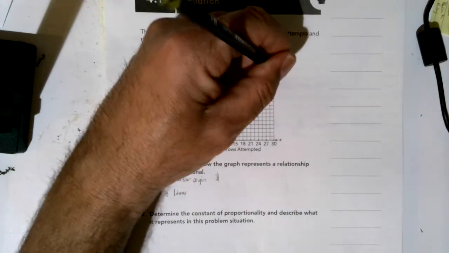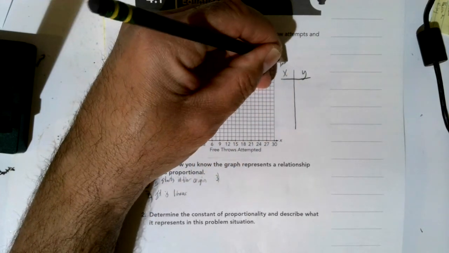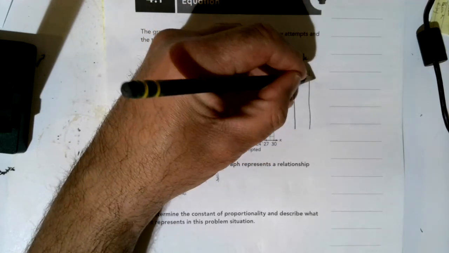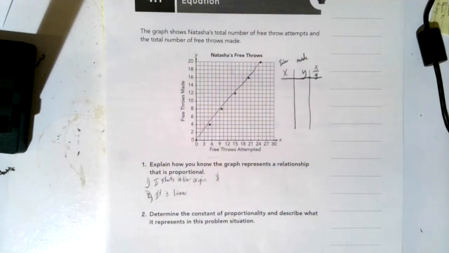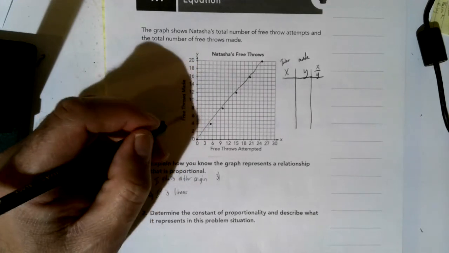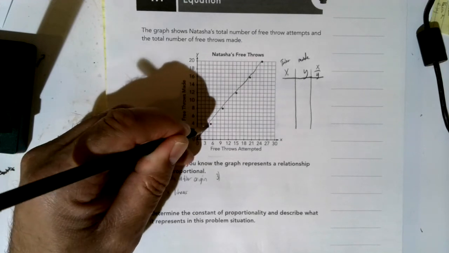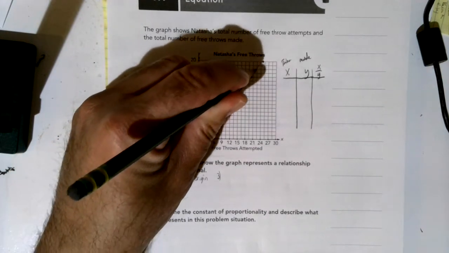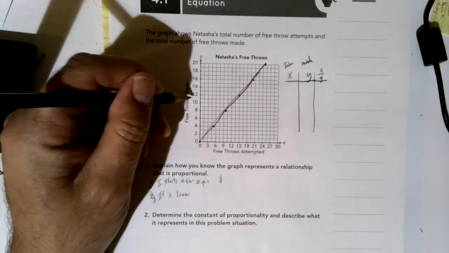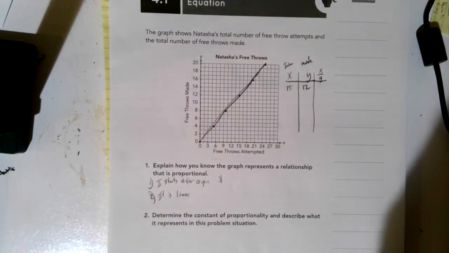So let's take a couple here. We've got x and y. X is going to be taken, y is going to be made, and then we'll do x over y. Let me get that graph a little bit easier to see. We have to figure this out because we're not getting a lot of points on the lines, but it looks like if I take 15, I make 12.